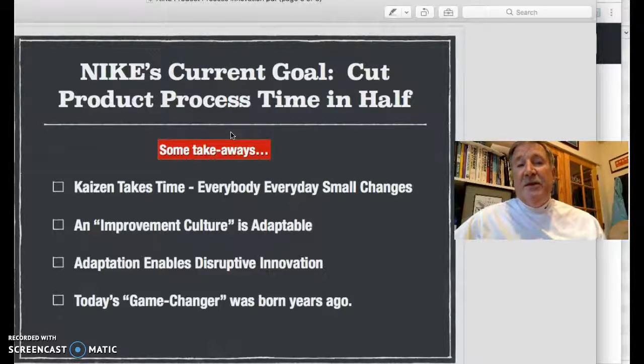So once we started creating the view in the factory that we could do things differently and differently and differently, and do things we had never done before, then people believed, of course we can do that.